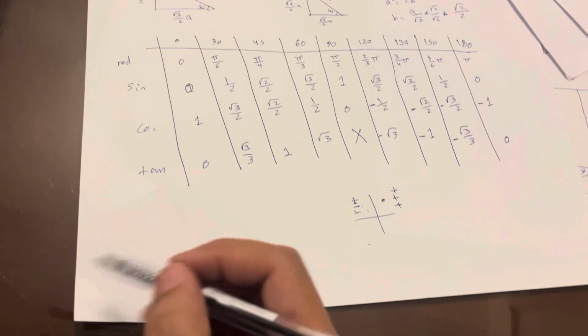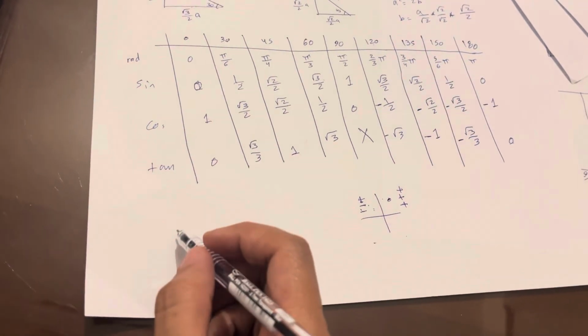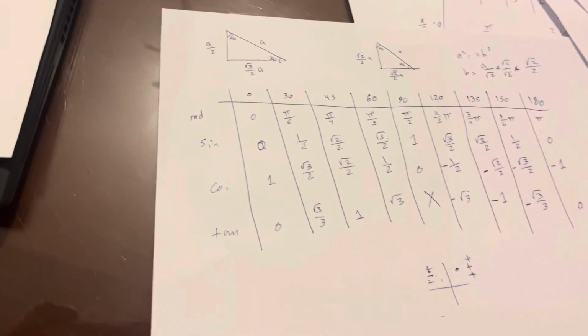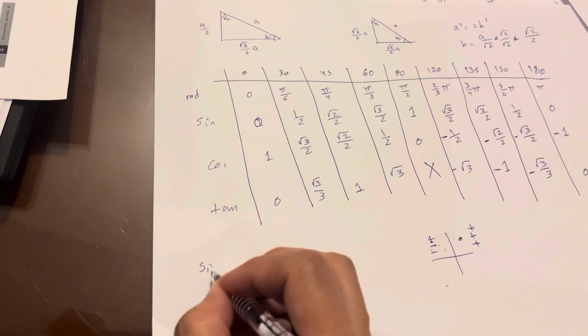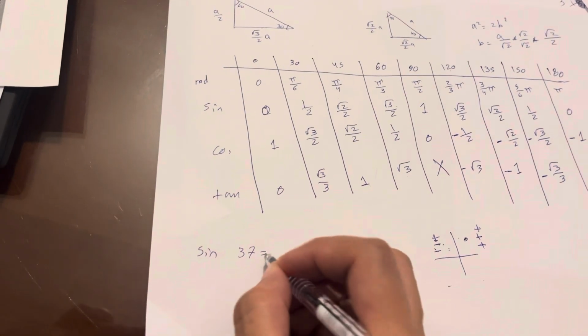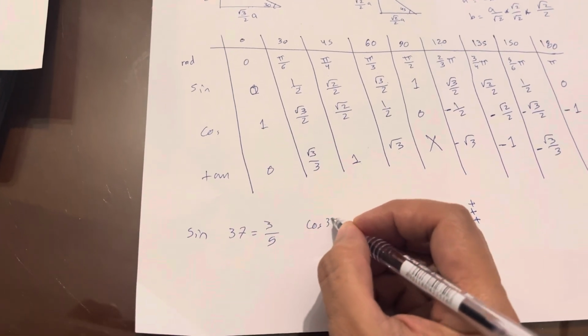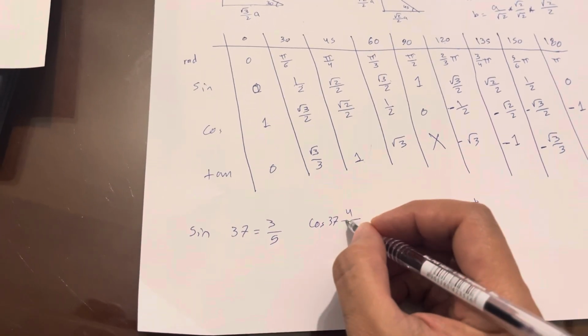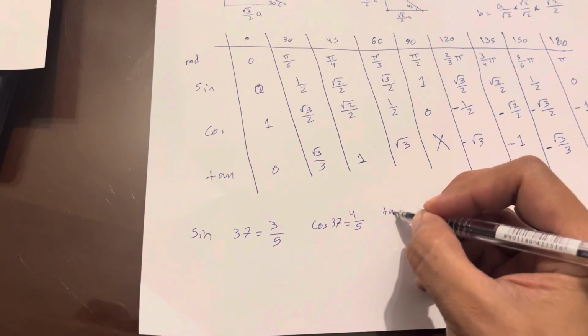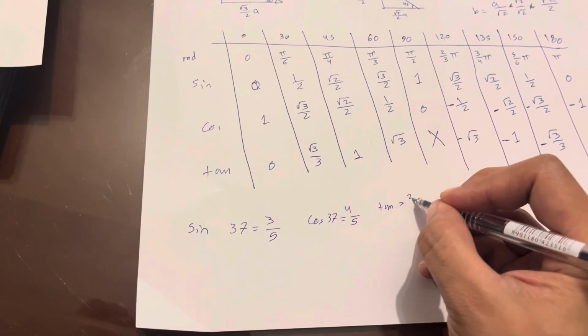If he gives you any angle, you also need to memorize, so I will take this as an example. He gives you sine 37, which is equal to 3 over 5, and cosine 37 is equal to 4 over 5, and the tangent of 37 is equal to 3 over 4.